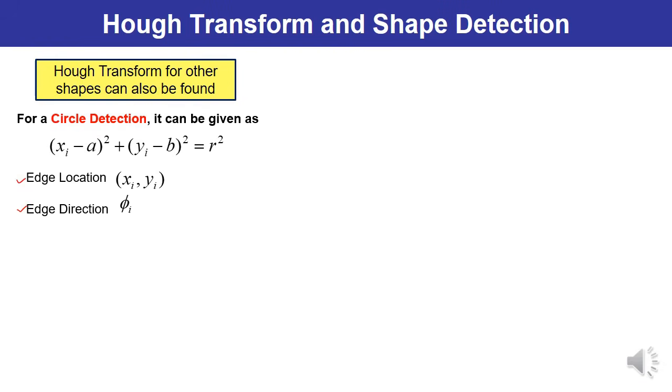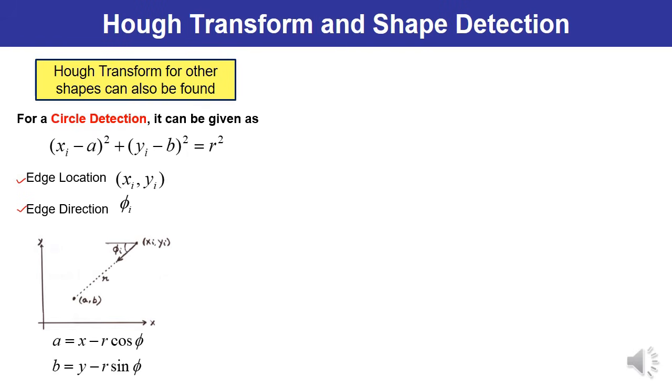It means here the parameter space is 3-dimensional. And that 3-dimensional parameter space is nothing but a, b and r. You can see over here. What is a? a is x minus r cos phi. b is y minus r sin phi.